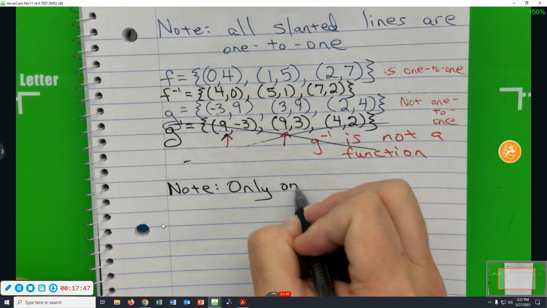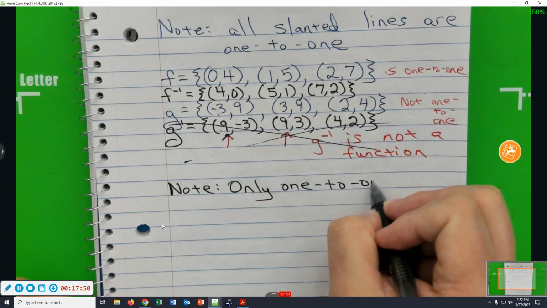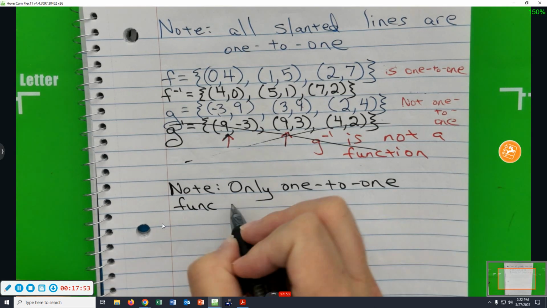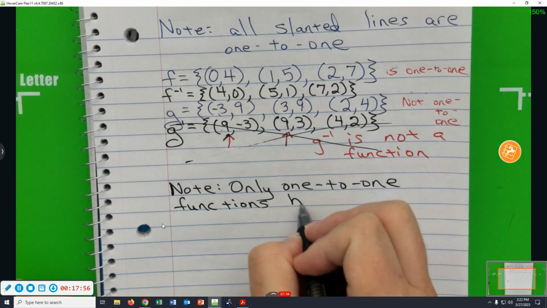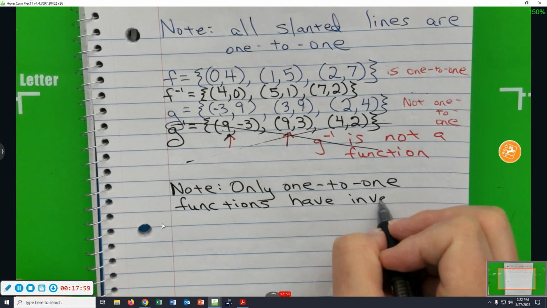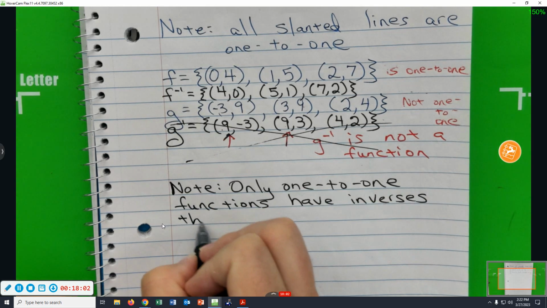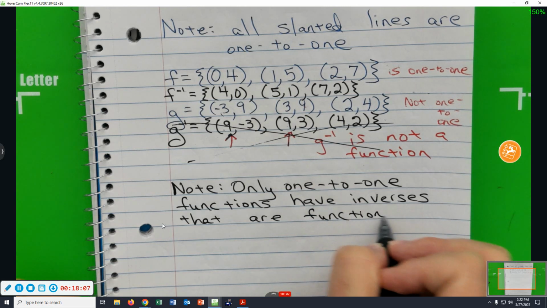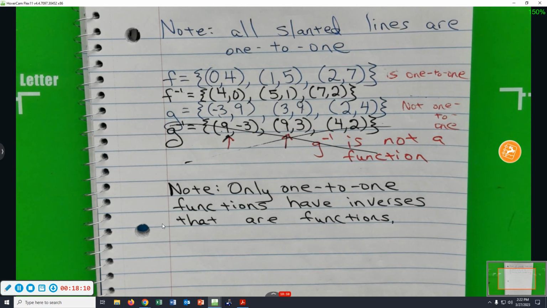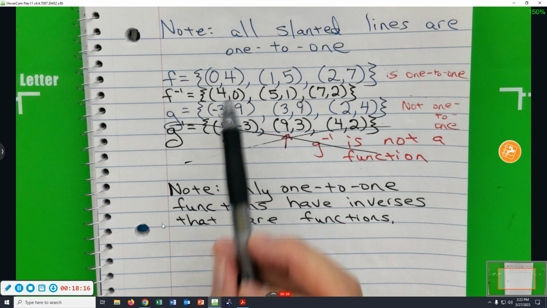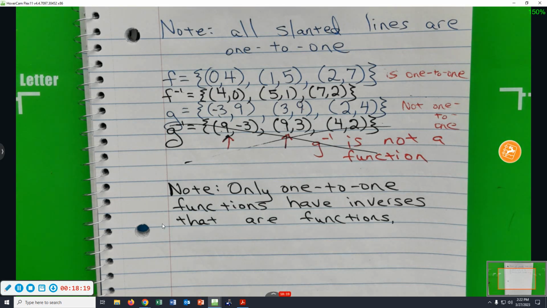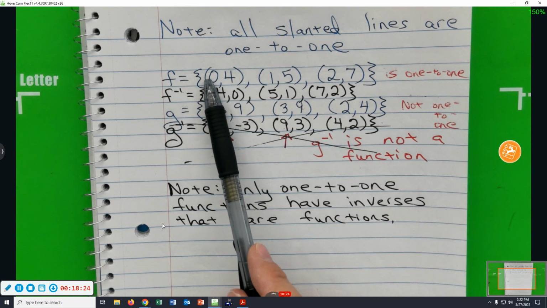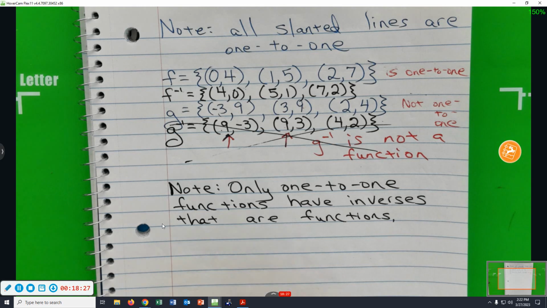Only 1 to 1 functions have inverses that are functions. But to form an inverse, all you're doing is swapping the x and y values. And when we start working with algebraic equations and start trying to find the inverse, we're going to remember all you do is swap the x and y to form an inverse.